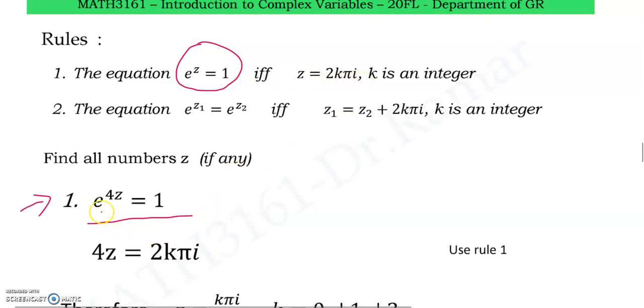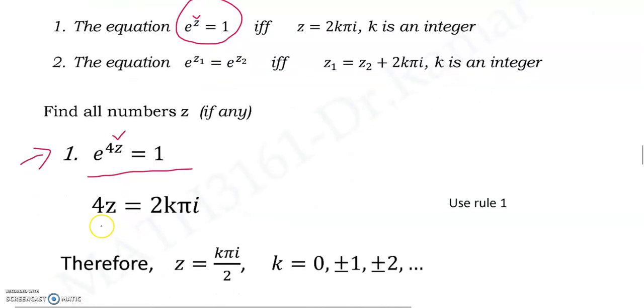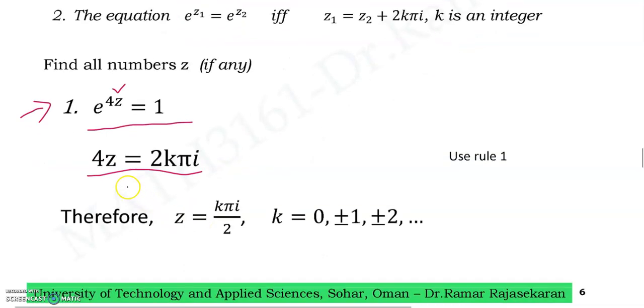So now here you compare. See, e to the power 4z is equal to 1. So here z is given in the rule, and here 4z in the question. So now we can write 4z is equal to 2k pi i. So now we write z is equal to k pi i over 2.